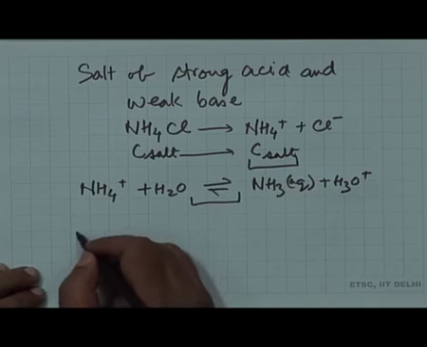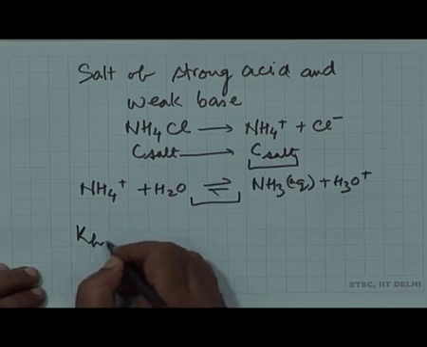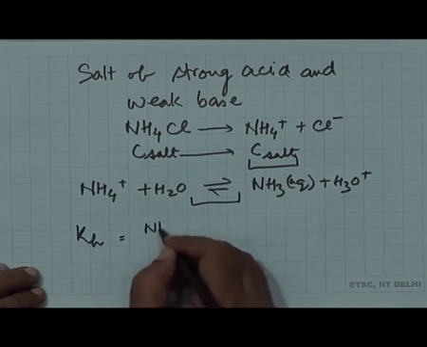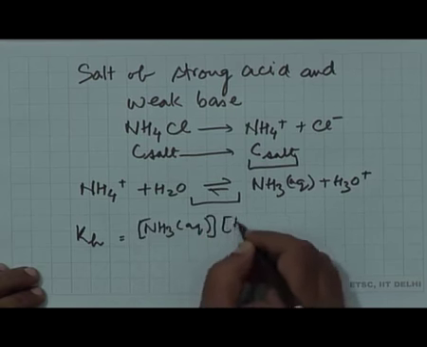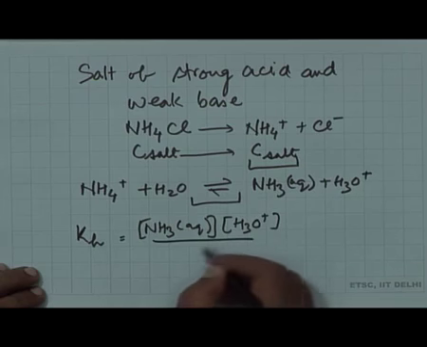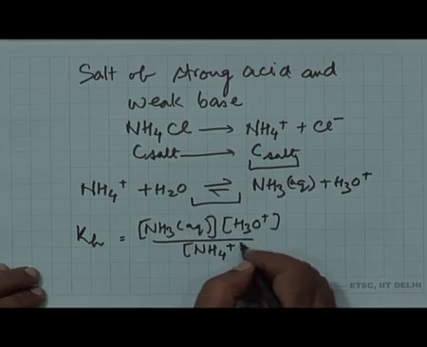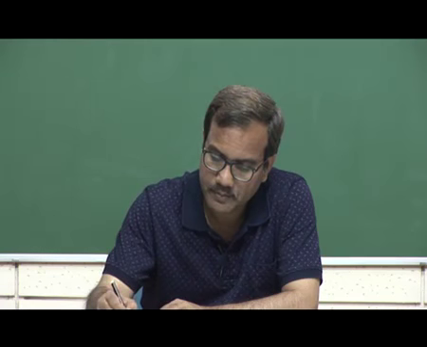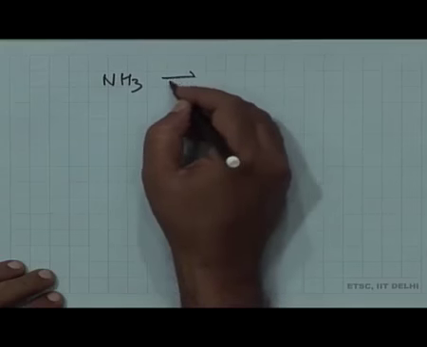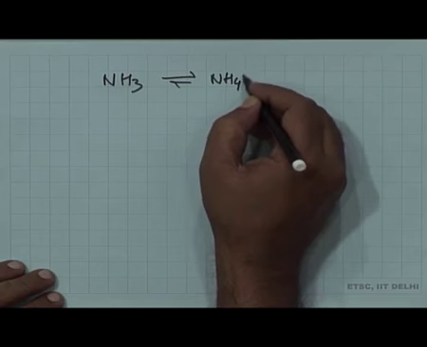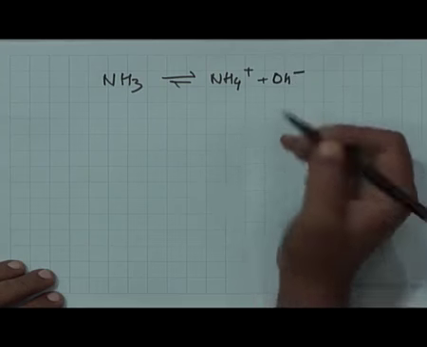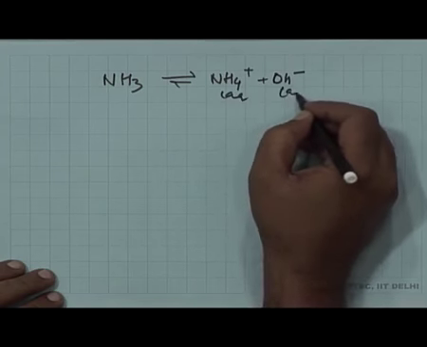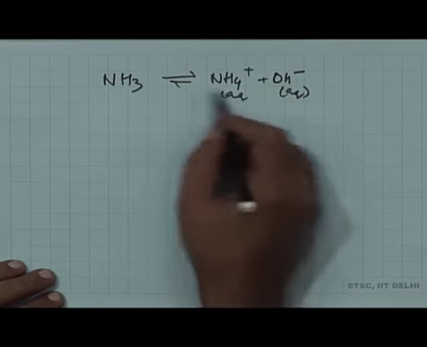And so, you can write Kh is equal to NH3 into H3O plus divided by NH4 plus. And we know that NH3 in aqueous solution gives you NH4 plus and this is your OH minus ion in aqueous, and so this is your Kb.